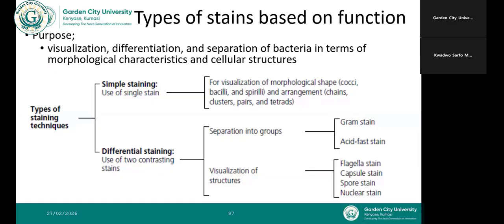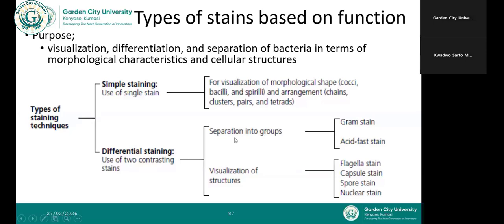Then the clinician may have an idea of the organism to start treating because this is an emergency case. Or if it's about looking at the morphology or the arrangement without necessarily looking at what type of bacteria they are, then you go for the simple staining. It saves cost anyway, but it has some disadvantages because you cannot differentiate if you have mixed colonies in the specimen.